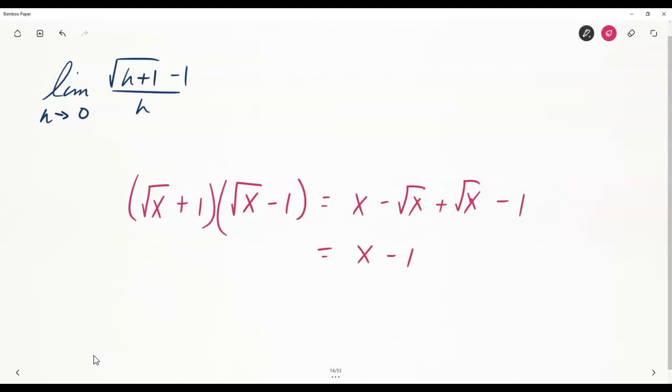This is exactly what we want to do to that numerator. So what I'm going to do is take this sign right here. If I were to multiply the numerator and denominator by the square root of h plus 1 plus 1, then when I multiply the numerators out, this same little trick is going to work, and I'm going to end up with an expression that has no radical in it.